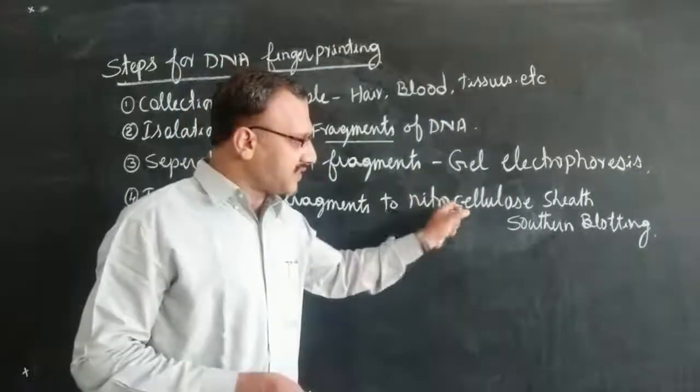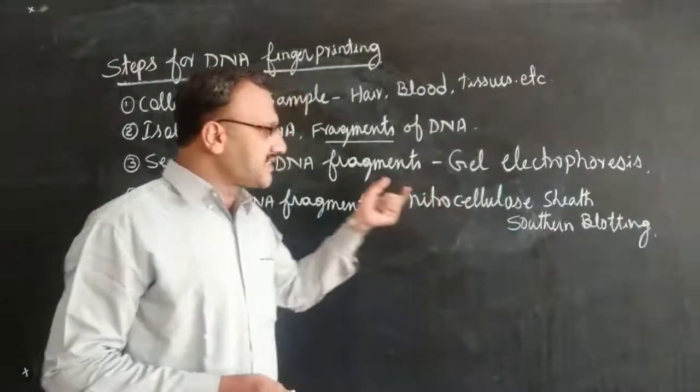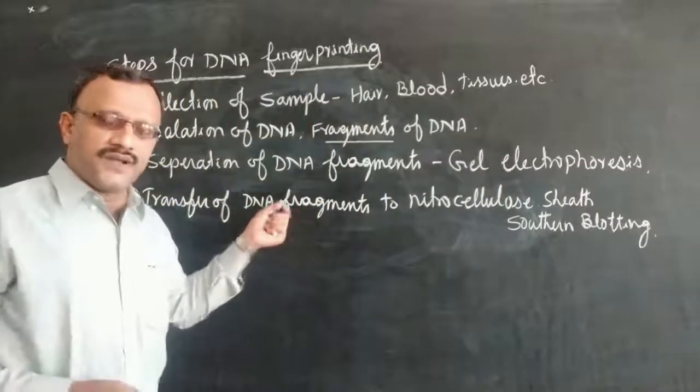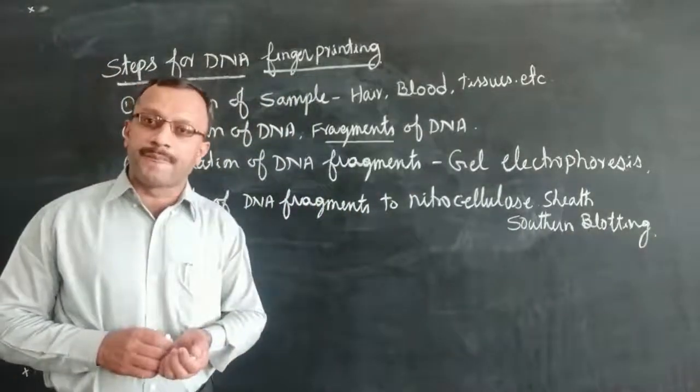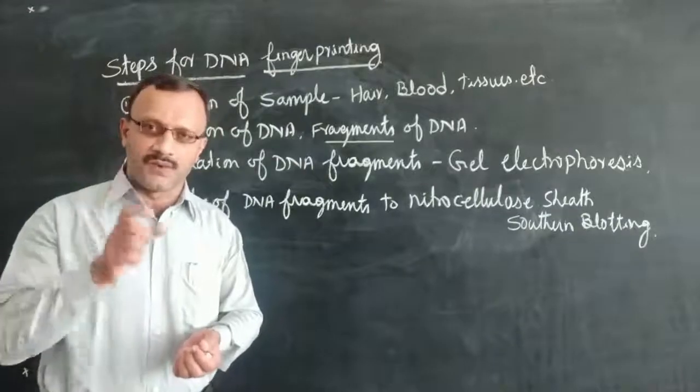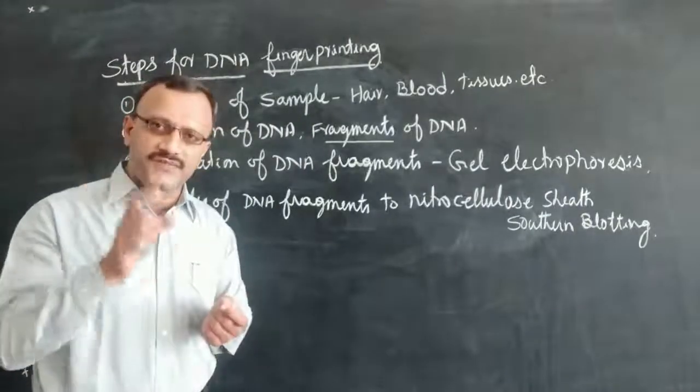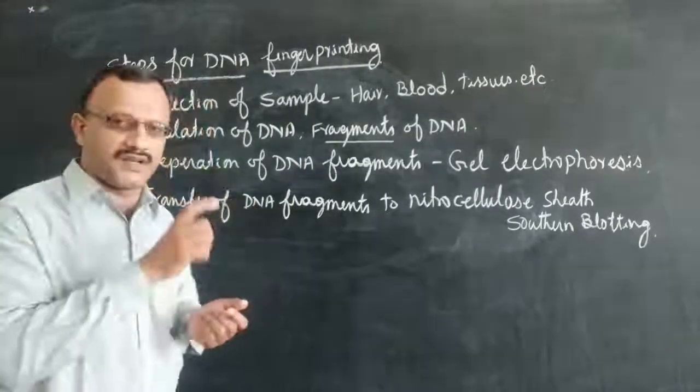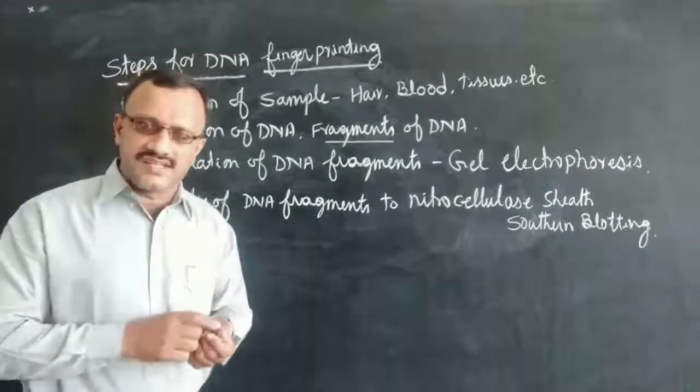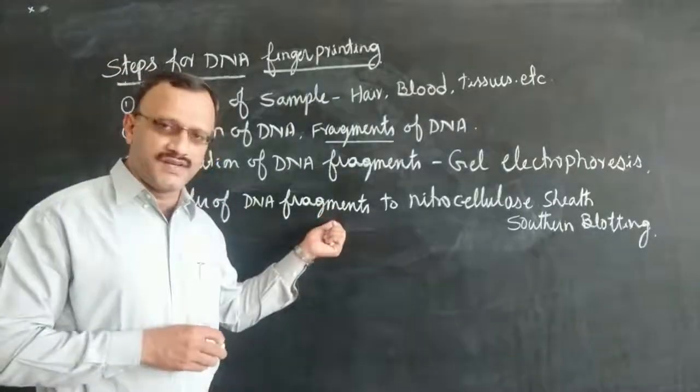Following this transfer, these fragments will be treated with DNA probe. The DNA probe is specific in nature, that is going to link to the particular repetitive DNA sequence present in the DNA fragments.